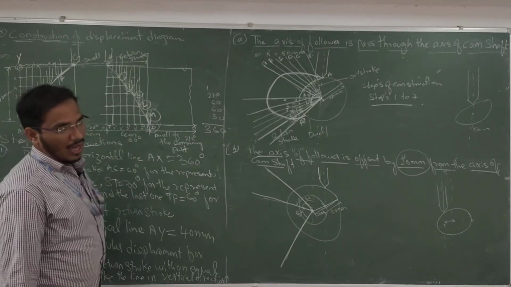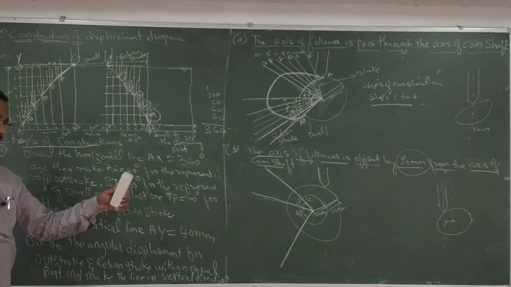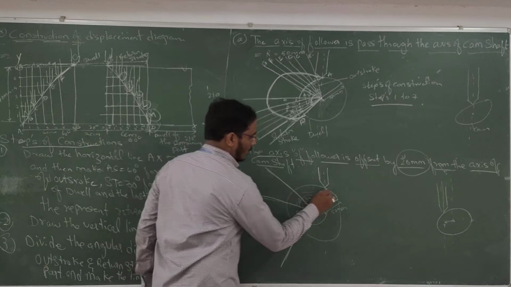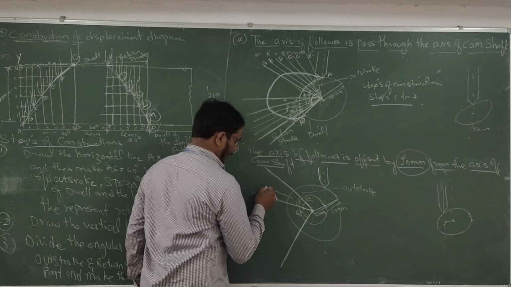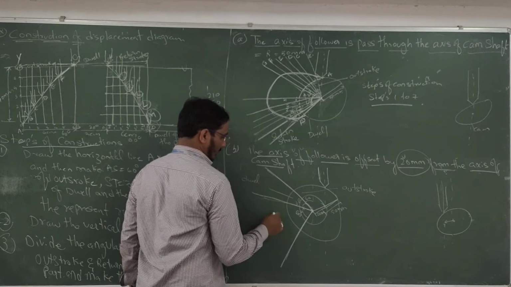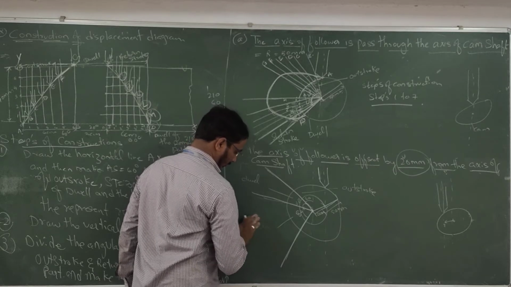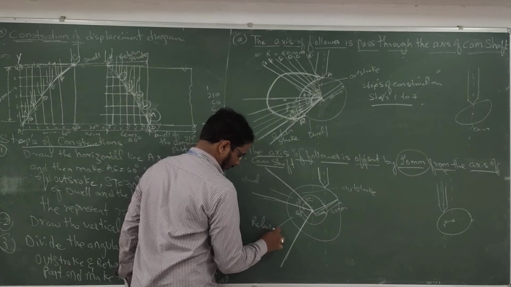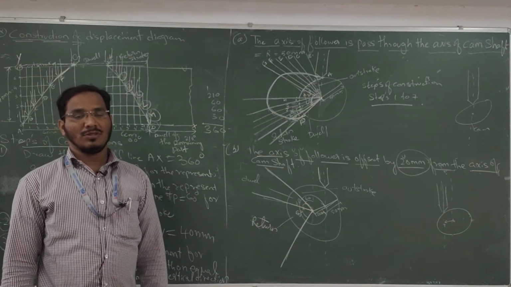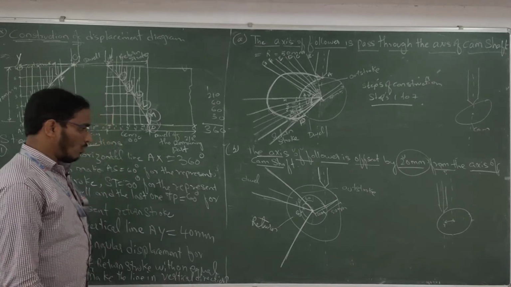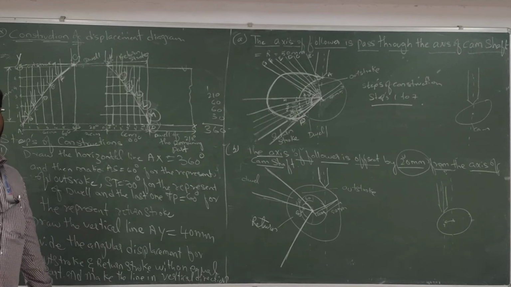Second step, angular displacement: we have to divide the angular displacement of the outstroke, dwell and return stroke into equal parts.